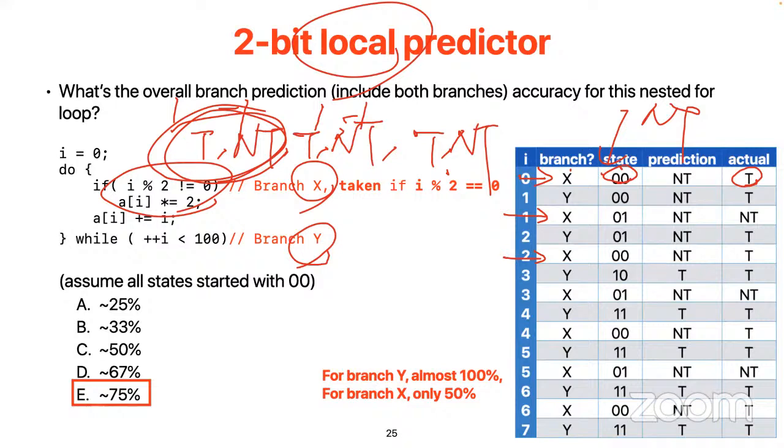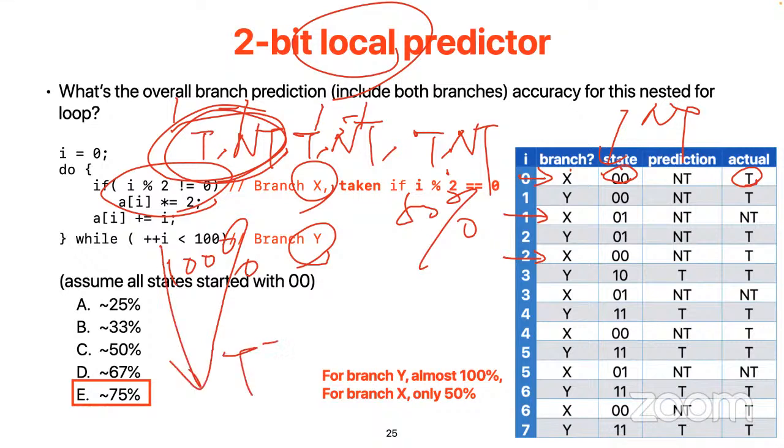So the other direction, you will never get it right. So it's 15%. And for this part, because the pattern is always taken, except for the last one, you can say this is like 99% accurate with this, right? So this is the idea of local predictor.